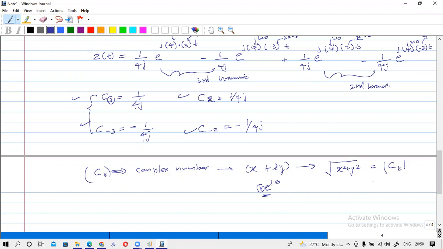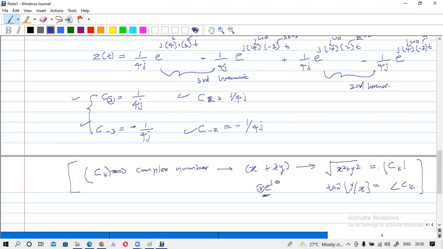Also you can find the phase of the ck. If this is a complex number, there is a phase, and that phase is tan inverse y by x. If you can't remember this, please refer to the complex number notes which you have learned in your mathematics subject.